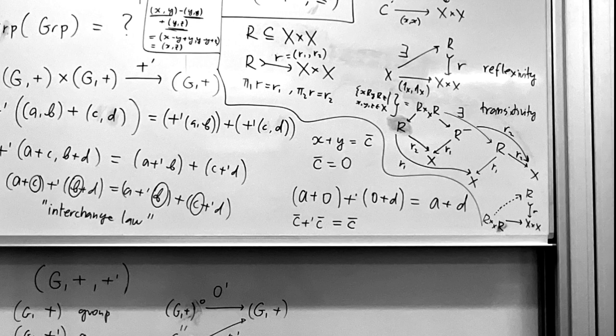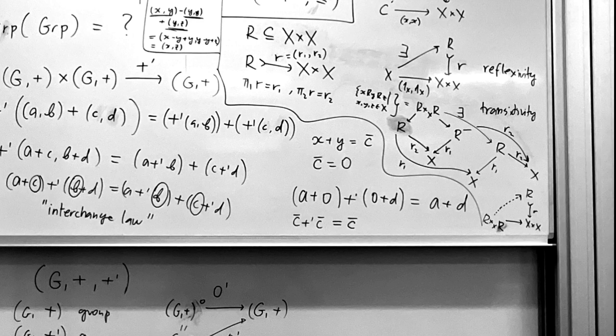So I'm taking a semigroup where I want to analyze the general interchange law first. I'm taking the case where my semigroup structure is such that for any two elements x and y, x plus y is the fixed c bar. Then this is going to be c bar, that's going to be c bar as well, right? So we'll have here c bar plus' c bar. Then c bar must be 0.